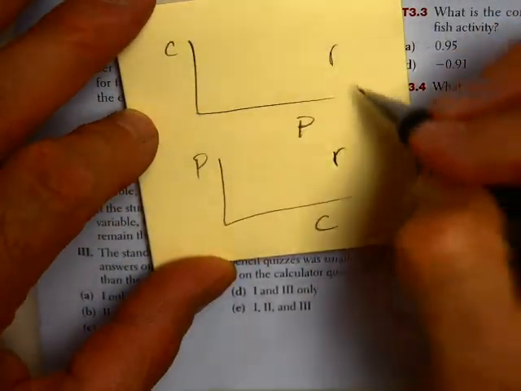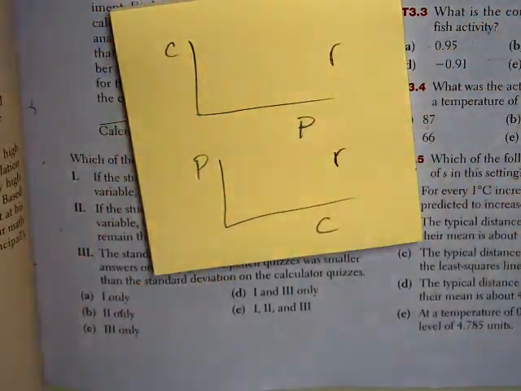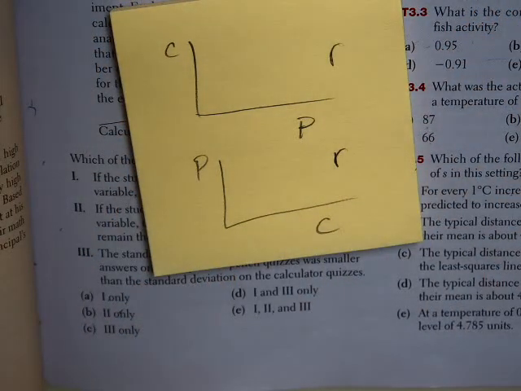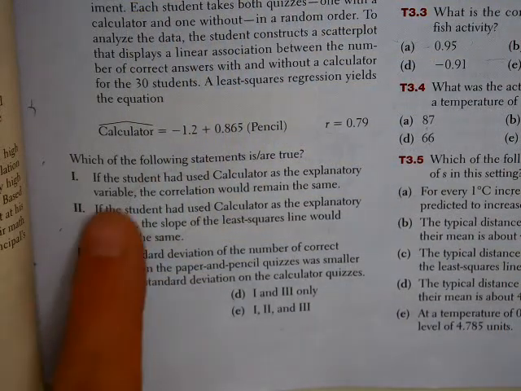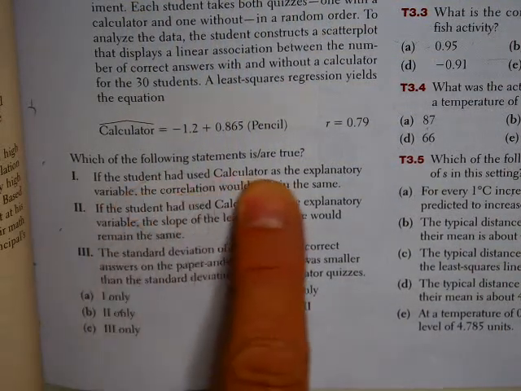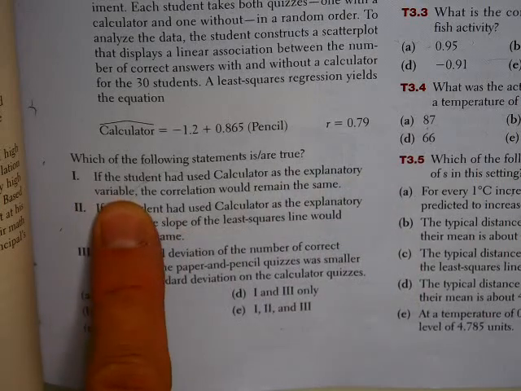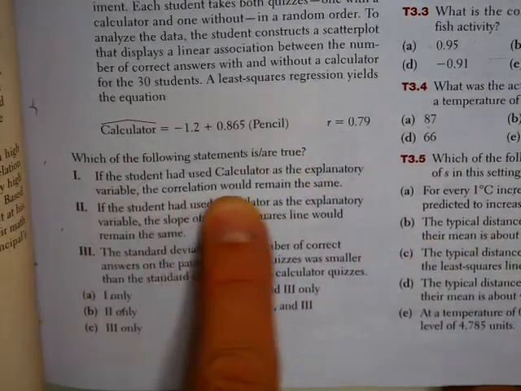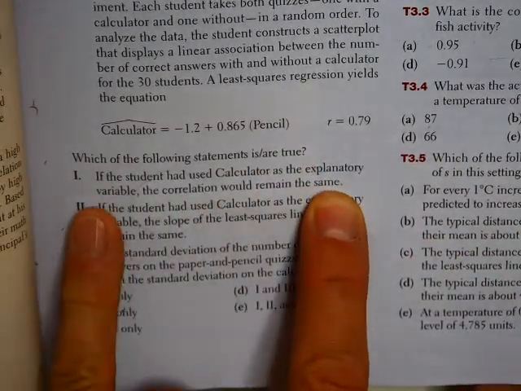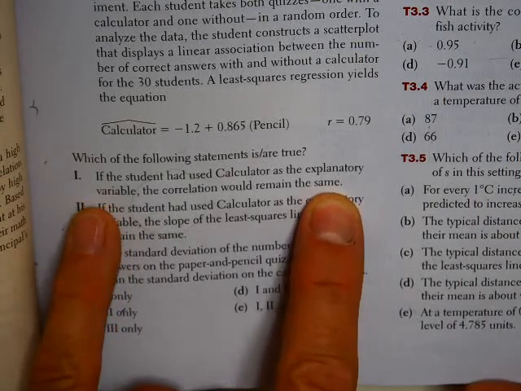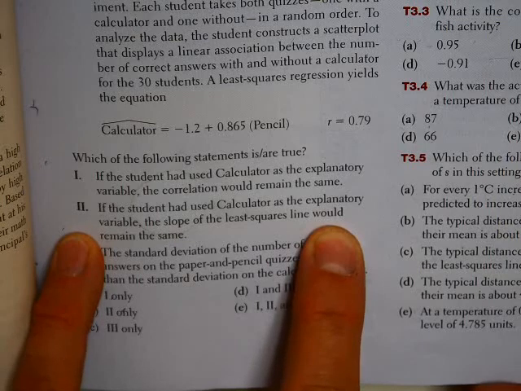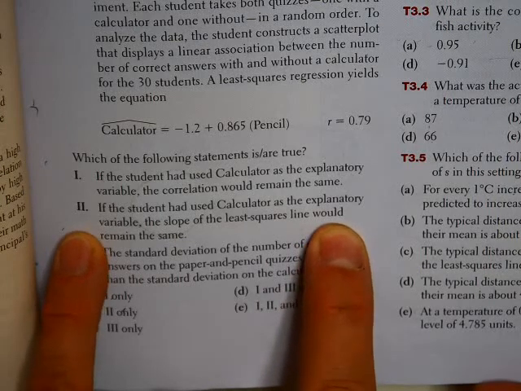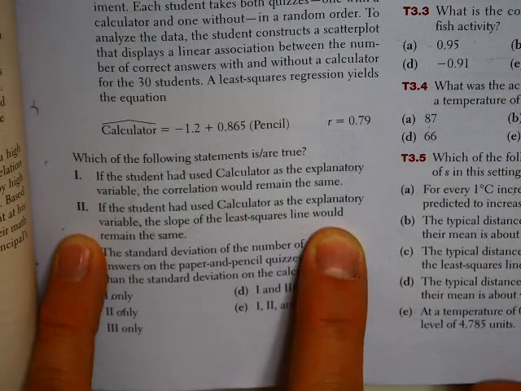The correlation is going to be the same regardless of which one you call x and which one you call y. So let's go back to 1. If a student had used the calculator as the explanatory variable instead of pencil, the correlation would remain the same. That's true. Okay. If the student had used the calculator as the explanatory variable, the slope of the least squares line would remain the same.